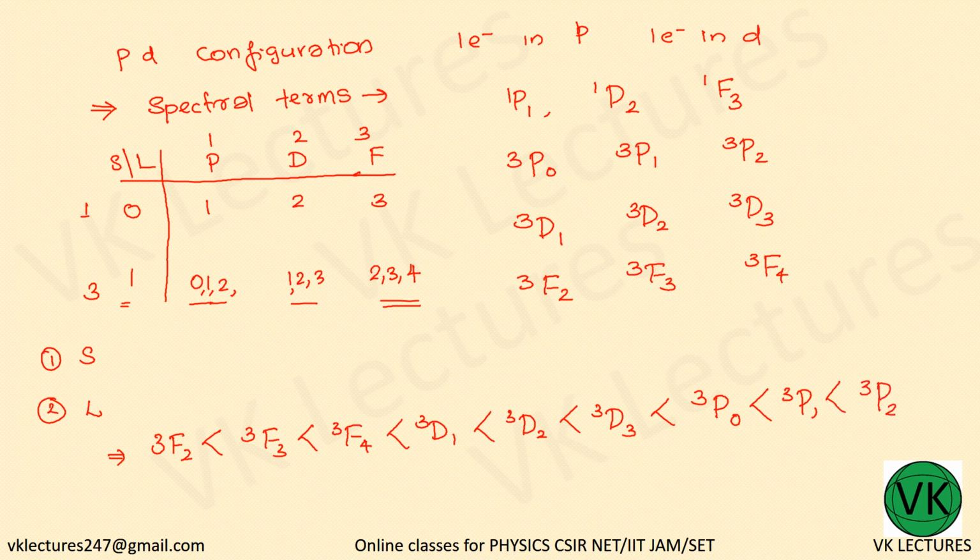Then again we have the singlet states, which start with F. So 1F3, then 1D2, then 1P1.